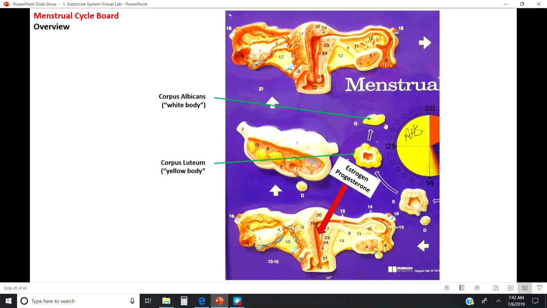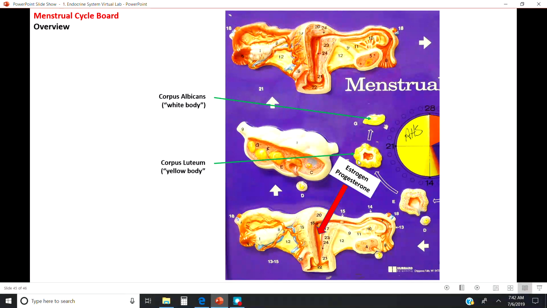Right? So if the corpus luteum knows that a zygote is there, it's going to continue to produce the estrogen and the progesterone until the placenta forms, and then maintains the rest of the pregnancy. So this is really an important structure for that early pregnancy. If this were to fail, then the pregnancy would fail.